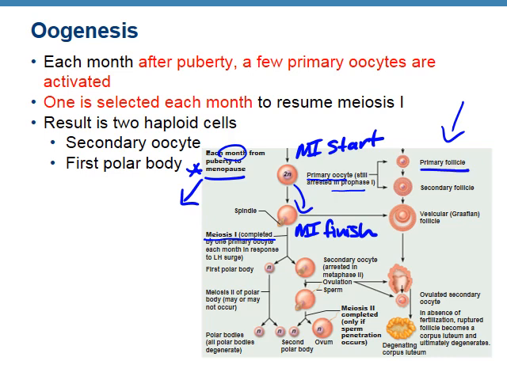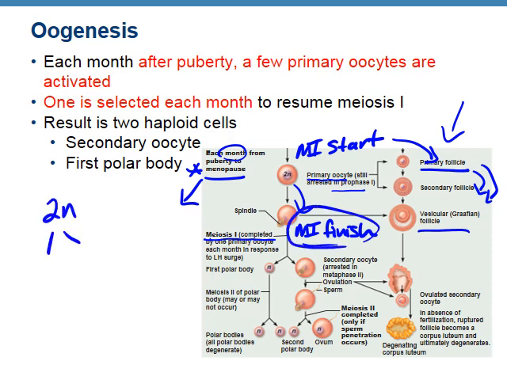So they're showing you the primary follicle, which is stuck in prophase 1 of meiosis 1, doesn't start developing until after puberty, and then each month one of these primary follicles is triggered to grow into a larger follicle. And as it's growing, meiosis 1 will finish.